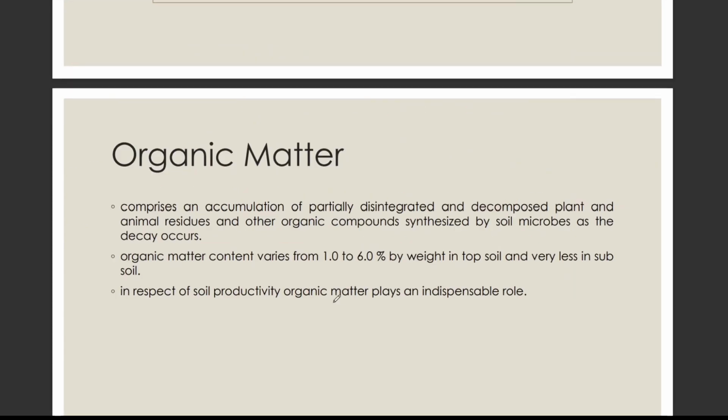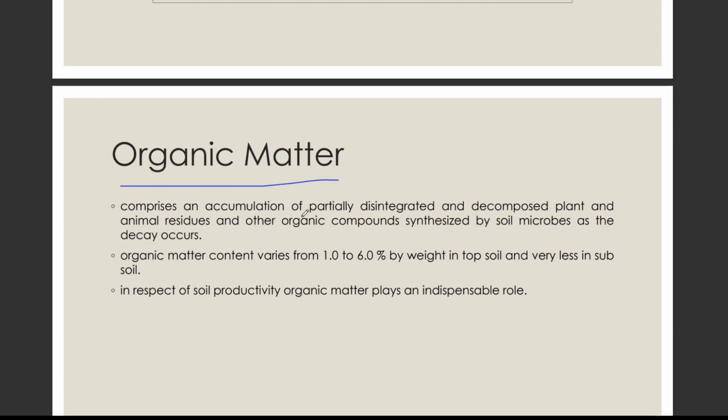After that, we have the organic matter. Organic matter comprises an accumulation of partially disintegrated and decomposed plant and animal residues and other organic compounds synthesized by soil microbes as the decay occurs. Mainly it is saying that if any plant is broken down, or the leaves or twigs and branches are broken down, then after some days it will be turned into organic matter, synthesized by soil microbes.